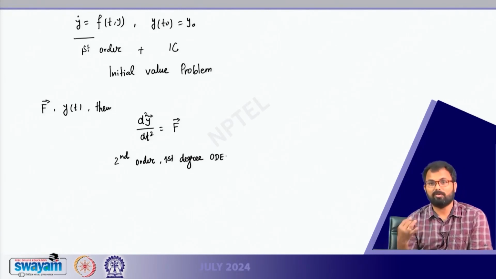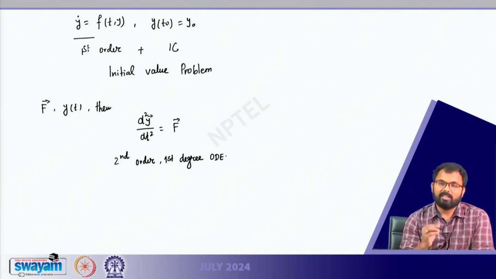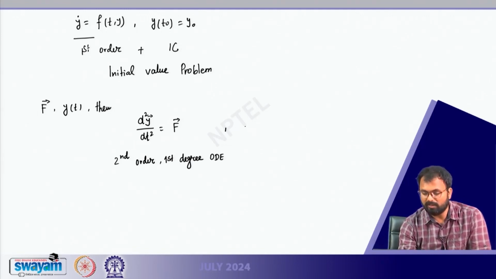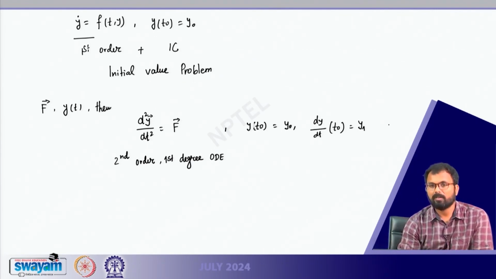For those two arbitrary constants, you will get different solutions all the time. If you are aiming to get the unique solution, again you have to prescribe some initial conditions to the given ordinary differential equation. So let us say initially y at t0 equals y0 and dy/dt at t0 equals some y10, or y1 simply, right.